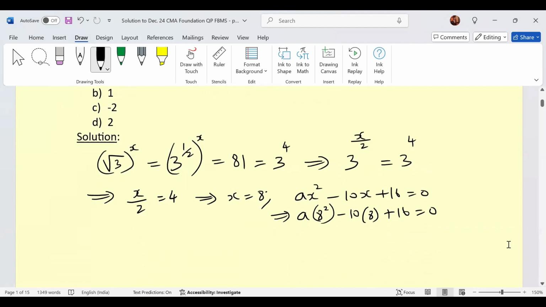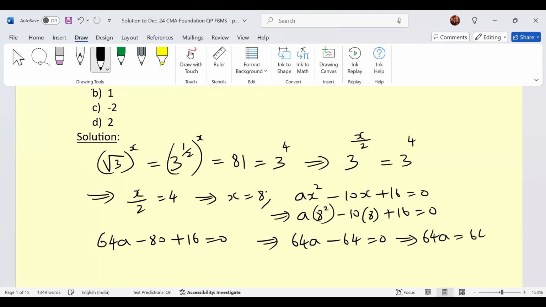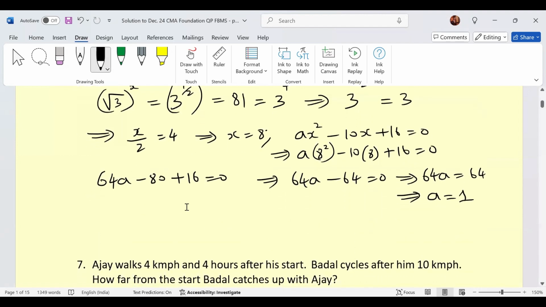So that will be 64a minus 80 plus 16 equal to 0, which is nothing but 64a minus 64 equal to 0, or 64a is 64, which means our a value is 1. So option is B. Let us move on to the next problem.